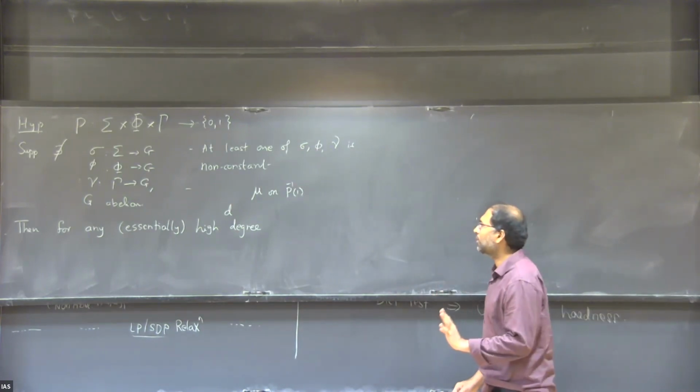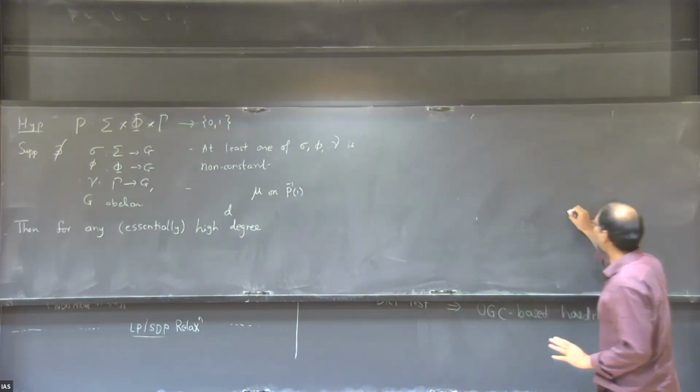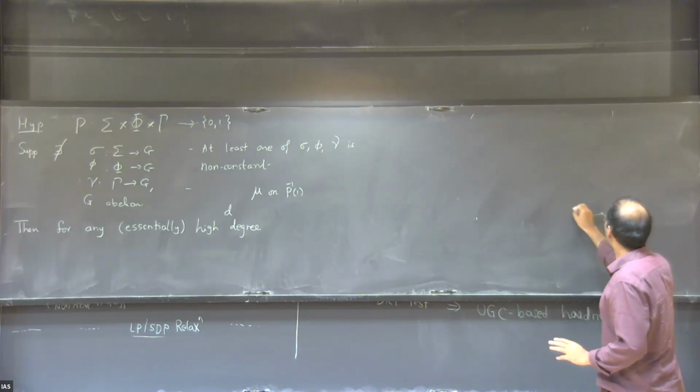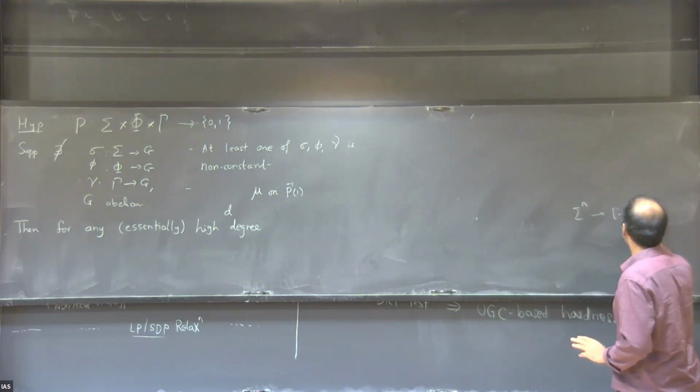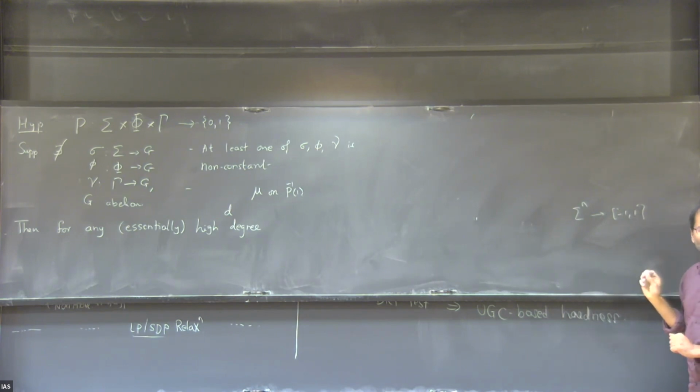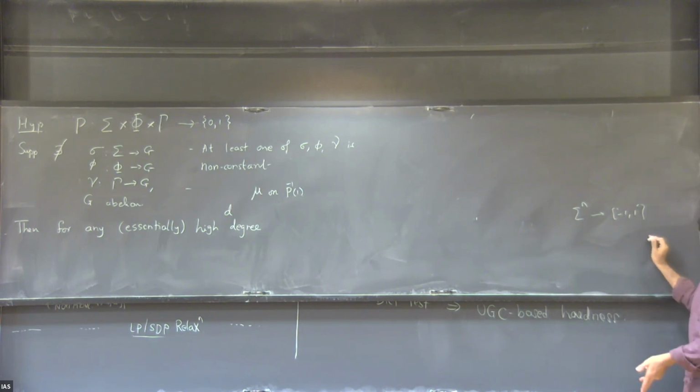Except that what happens is that we also want our functions to be from sigma to the n to bounded range, -1 to 1. And it's difficult to achieve bounded. It's even difficult to come up with an actual example which is of purely high degree and bounded.